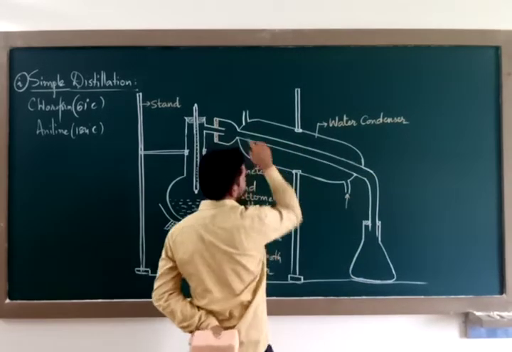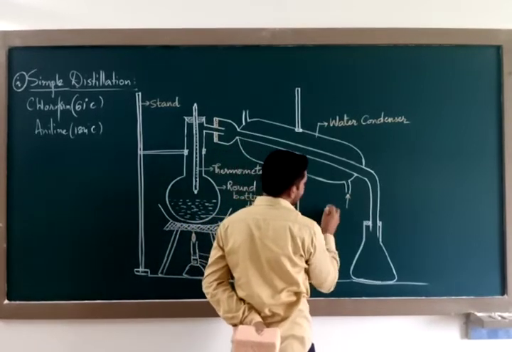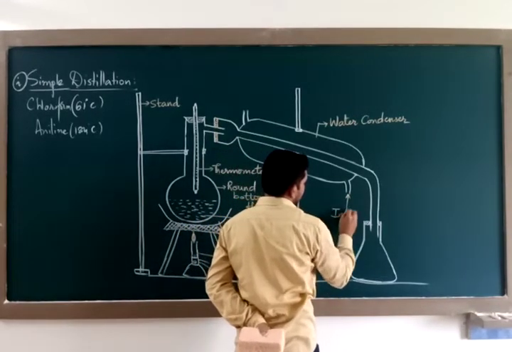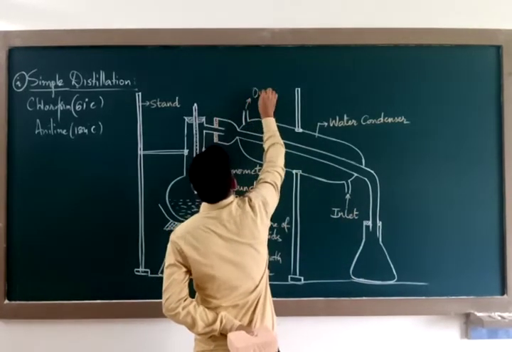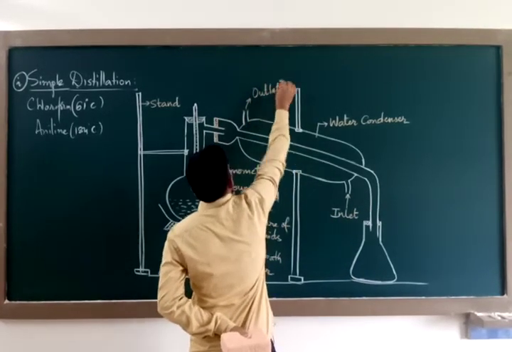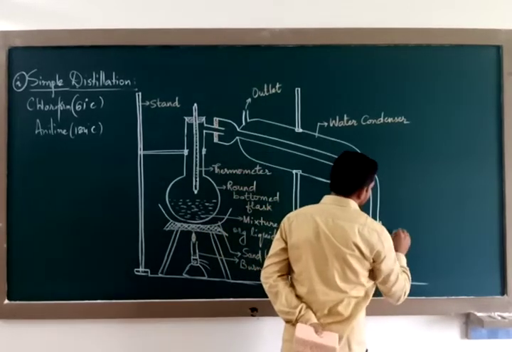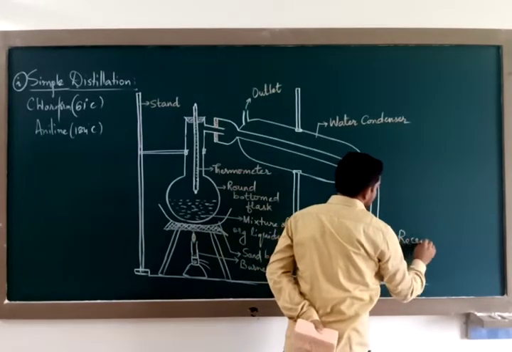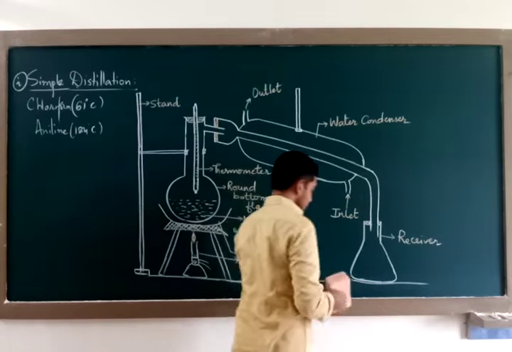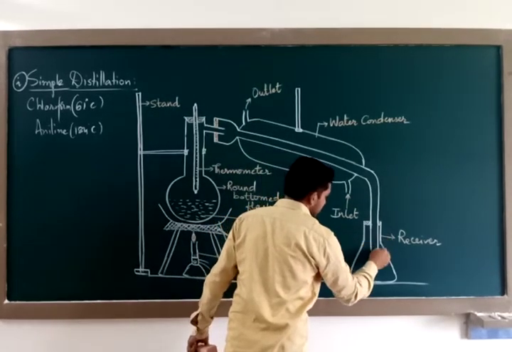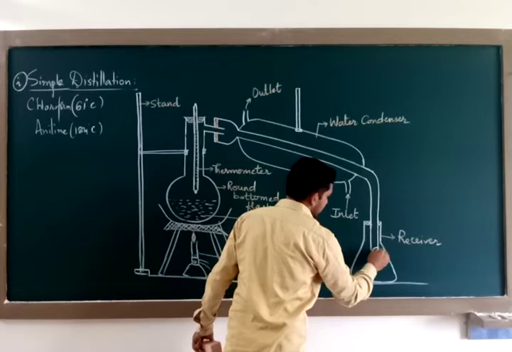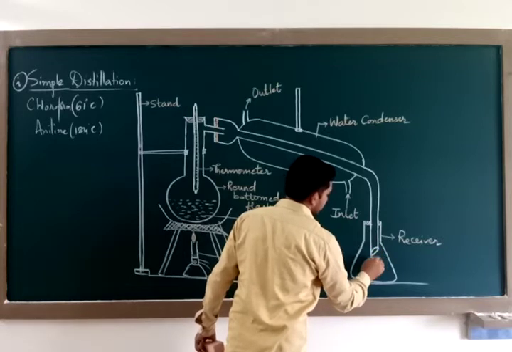There are two openings, I said. The lower opening is called the inlet and this is the outlet. Then we have the receiver for collecting purified liquid.